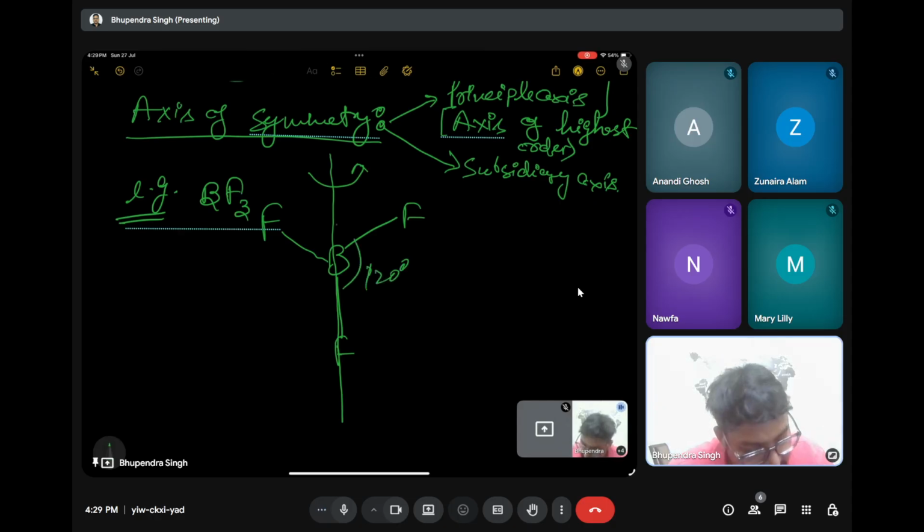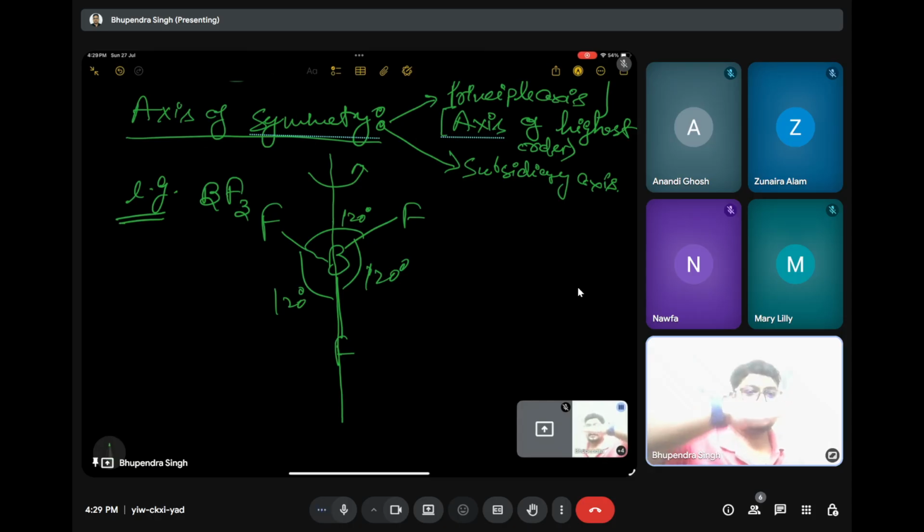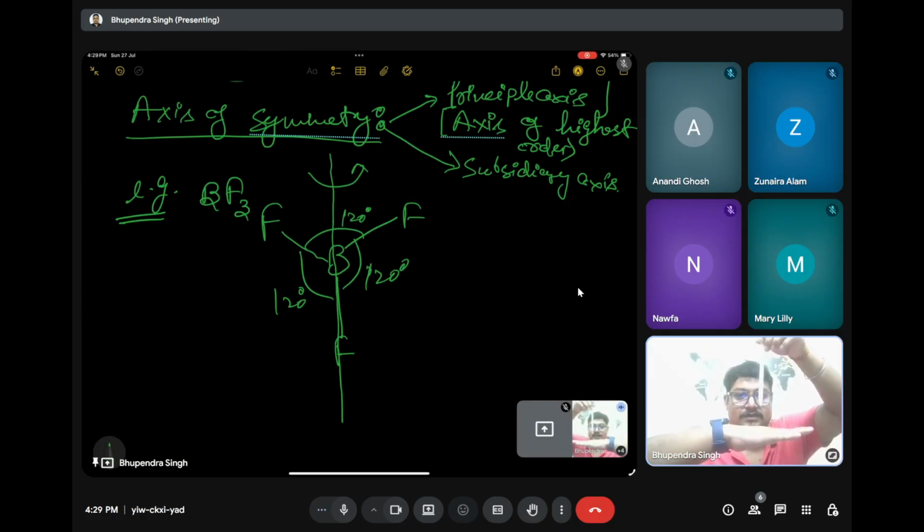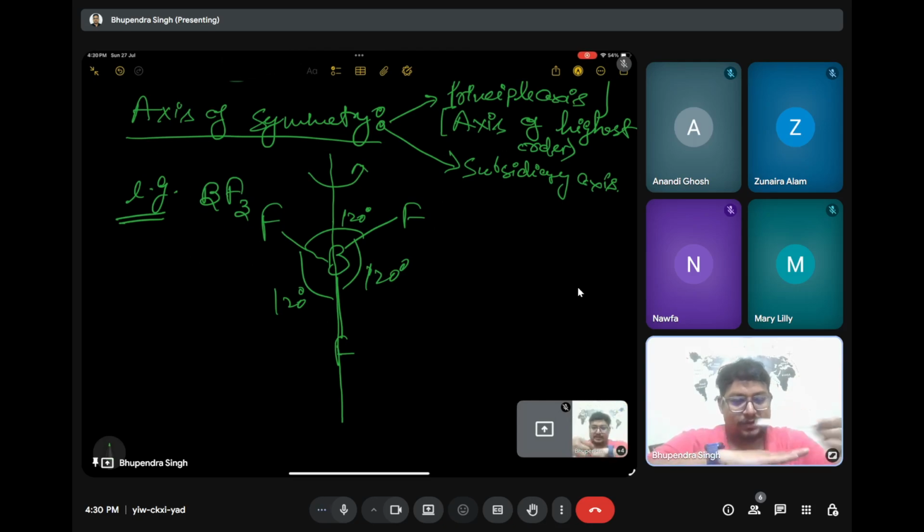This angle is 120. Now I am not saying this axis is passing through the boron only, but I am saying it is going like this, crossing the fluorine and the boron. So it should be a C2 axis.